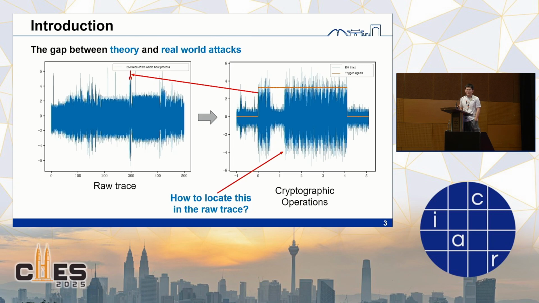When we are conducting real-world attacks against embedded devices like a camera or some controller, we find that we spend most of the time pre-processing the traces, like locating the CO position or aligning them, etc. So we ask ourselves how to locate these COs in the raw trace more efficiently.